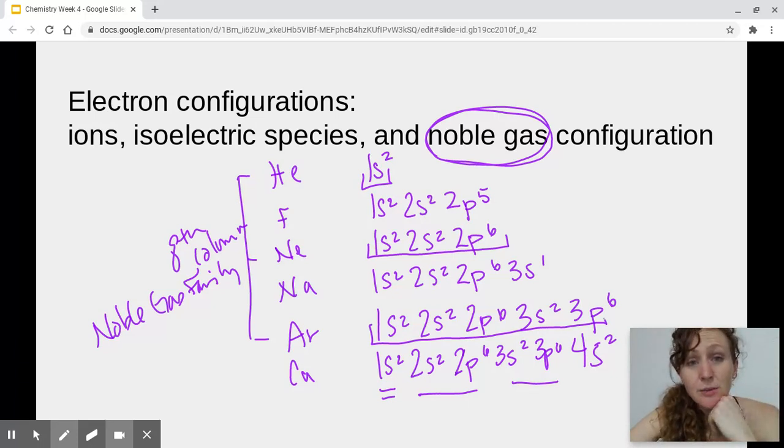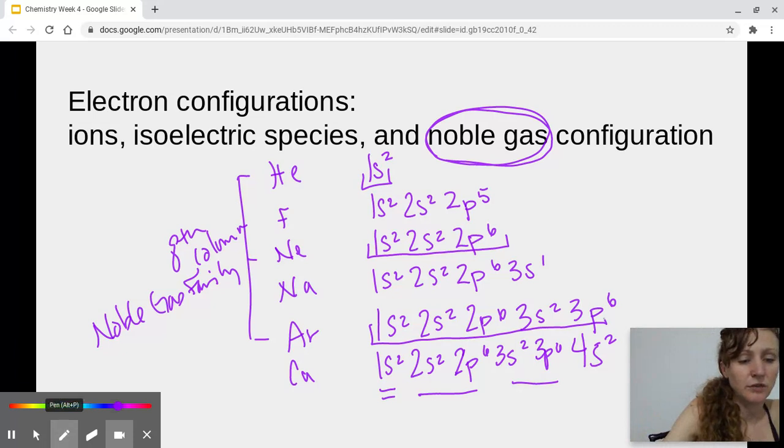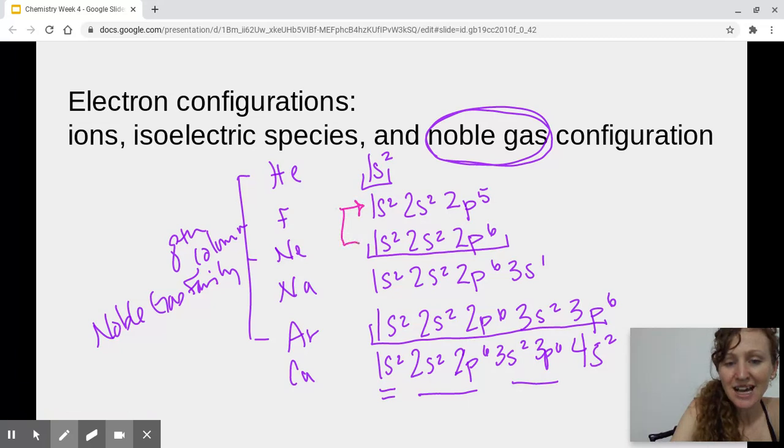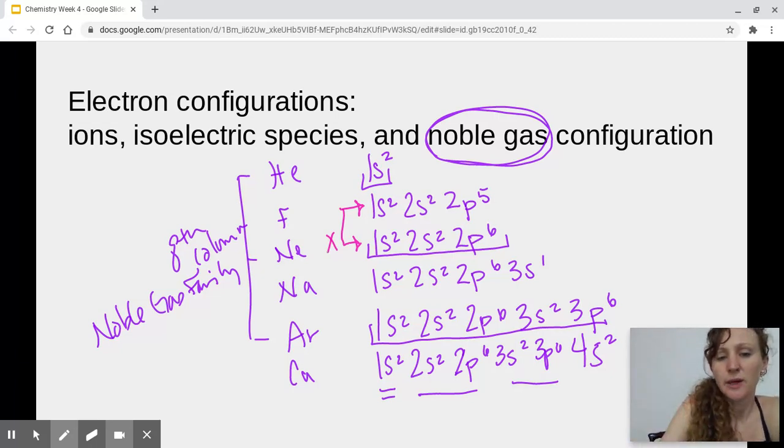So anytime that your electron configuration contains a noble gas, you can actually write the noble gas instead of that part of the configuration. Let's look at helium and fluorine, for example. So fluorine's configuration is not quite neon's, right? Fluorine has one less electron than neon has. So you can't use neon to replace anything in fluorine's electron configuration.